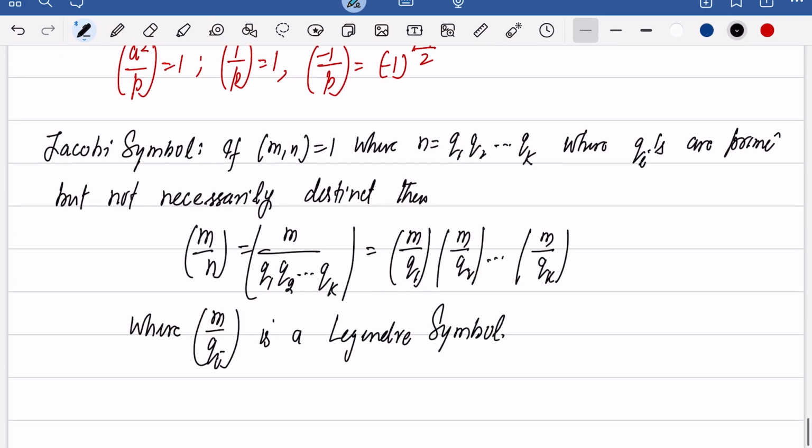So this helps us evaluate quadratic residues, quadratic non-residues or Legendre symbols for integers of the form m by n, while both m and n are composite.